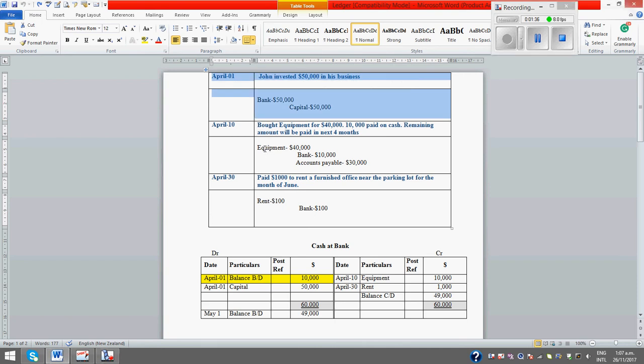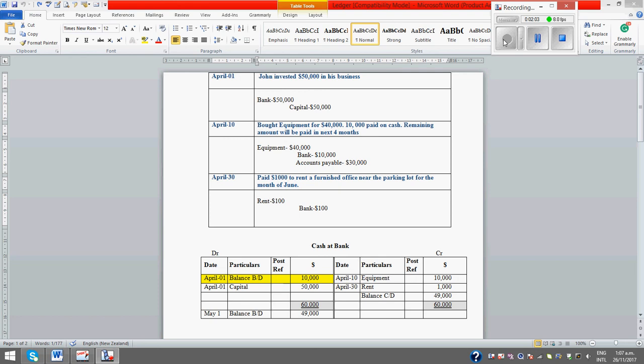There is another account, equipment, accounts payable, then rent. So 1, 2, 3, 4, 5. It means we have to prepare 5 different ledgers for these 5 different accounts.